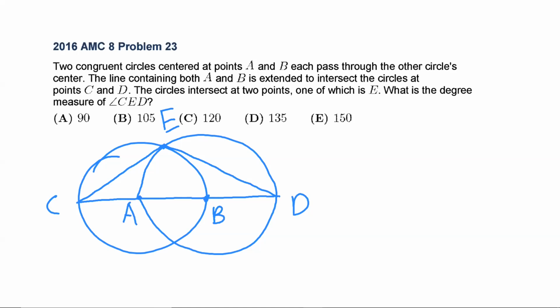Okay, so let's go ahead and get started. So I drew the diagram here, and the key realization is that you have to connect AE and EB. It's kind of a bad diagram, but you'll realize that sides AB, EB, and AE are actually all equal to the common radius of the circles.